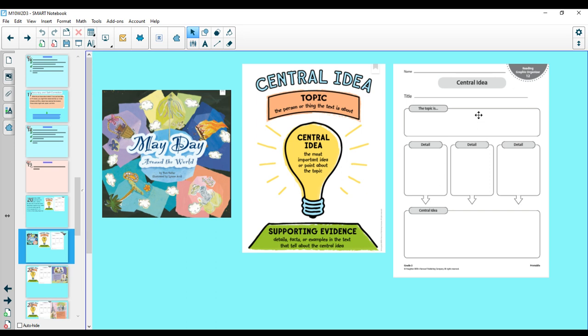Many times, the title of the book is also the topic. So if you think that the topic of May Day Around the World is May Day Around the World, then your sentence would be, the topic is May Day Around the World.